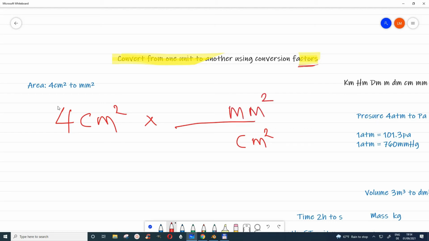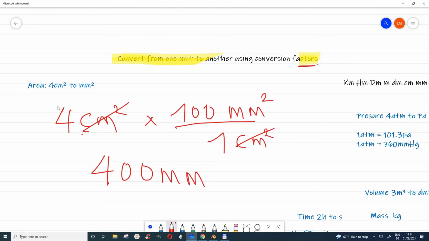Now what will we do? This centimeter squared will cancel the centimeter squared. We have 1 centimeter squared is equal to 100 millimeters squared. This takes care of this, and then we are left with 400 millimeters squared.